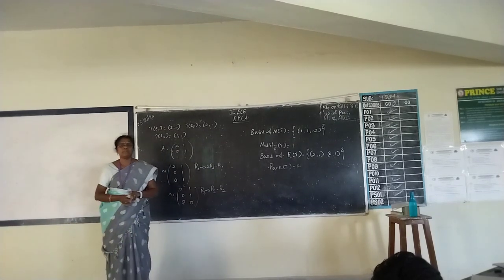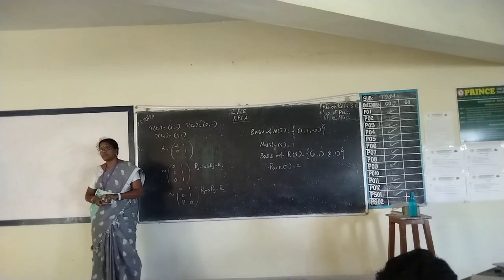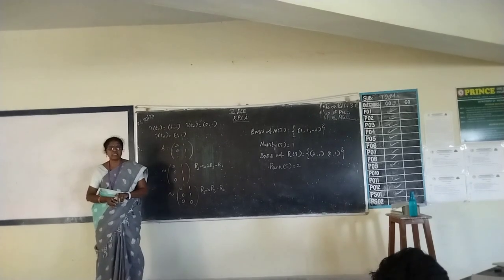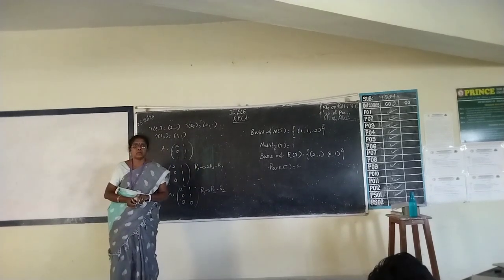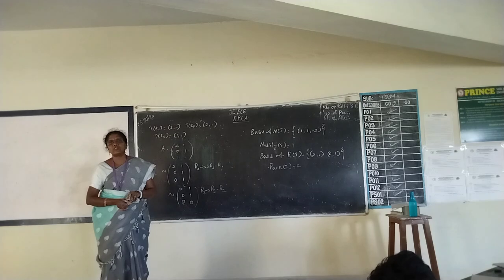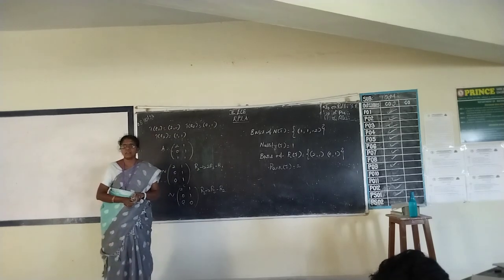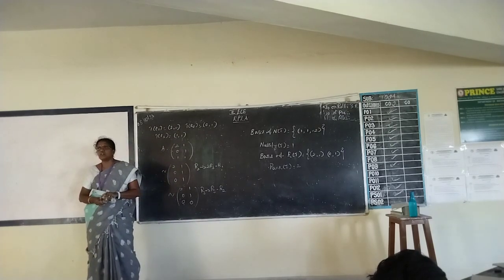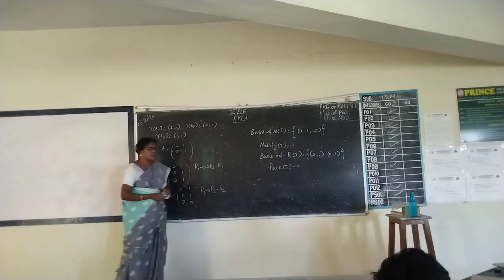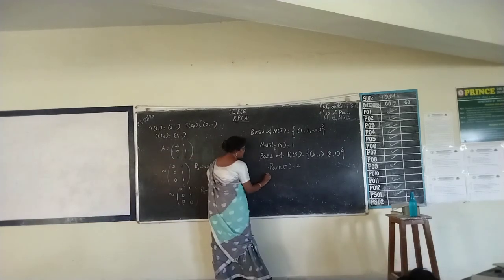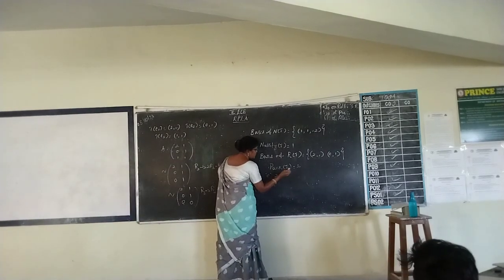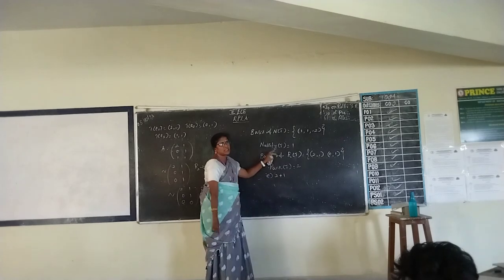rank of T plus nullity of T is equal to dimension of V. That is 2 plus 1. Rank is 2, nullity is 1.